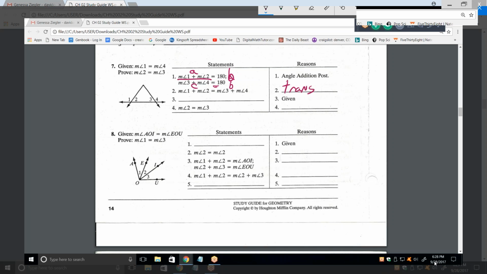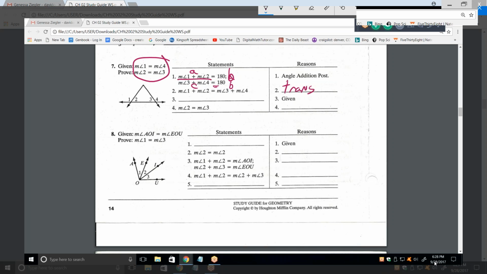The given, we don't need to rewrite what they've already written. That's the given. So why is angle 2 equal to angle 3? Because of the transitive?